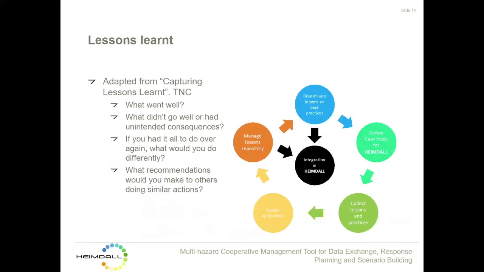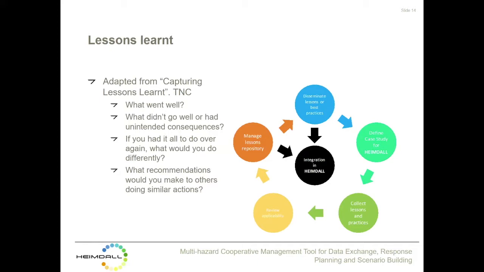As a final step of this methodology, for collecting lessons learned in HEIMDALL, we have based our methodology on the one already defined and used by the organization called the Nature Conservancy in the United States, and the guide defined by them called Capturing Lessons Learned.